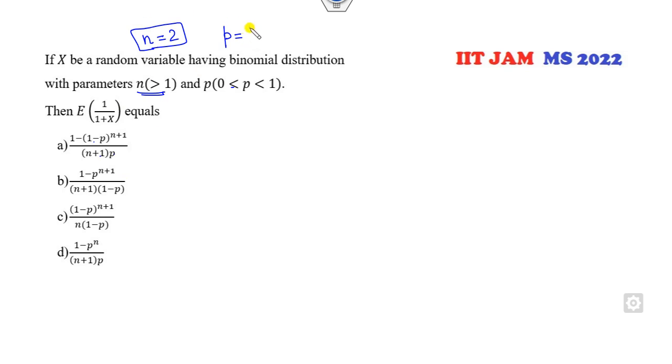So it means we can change the value of p. Fine, we need a distinct value. So p is 1 by 3, or you can choose any other number. If I choose 1 over 3, then it will be 1 minus 2 over 3 raised to power 3 over 3 into 1, and the other option will be 1 minus 1 over 3 raised to power 3 into 2 by 3.